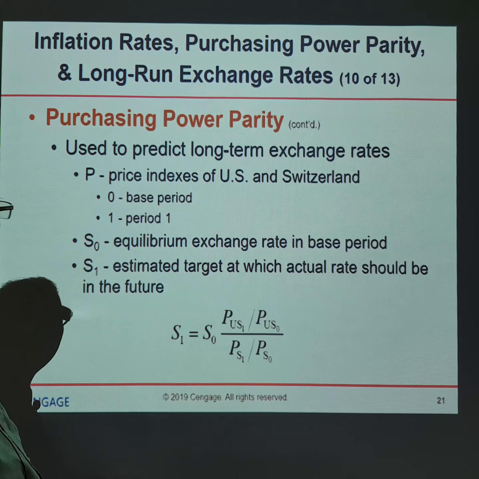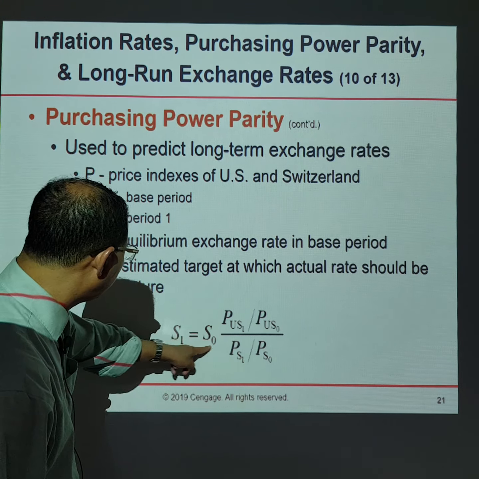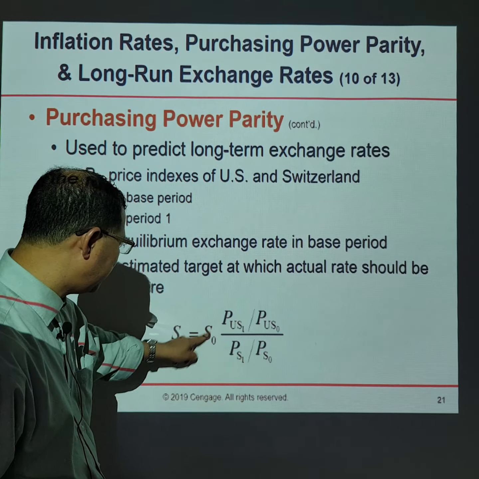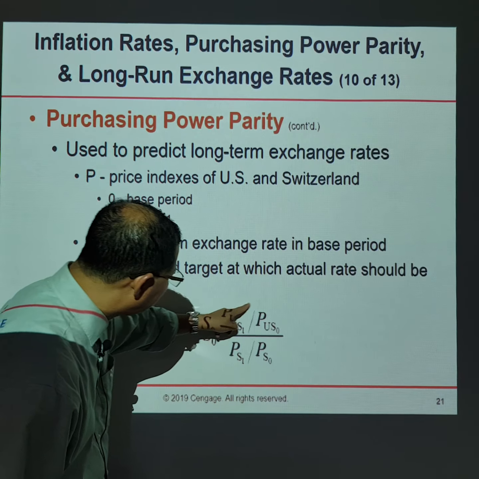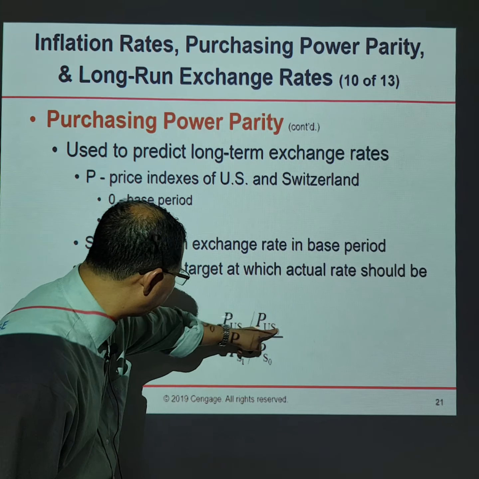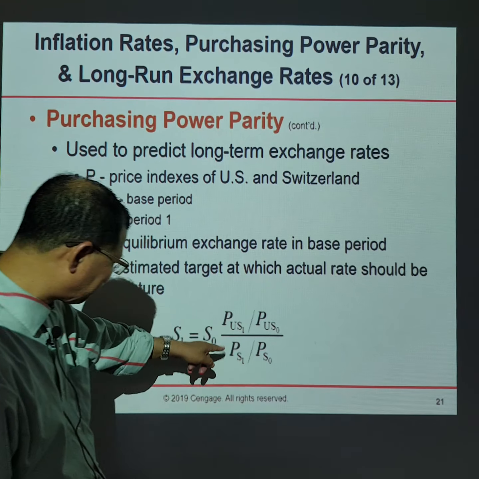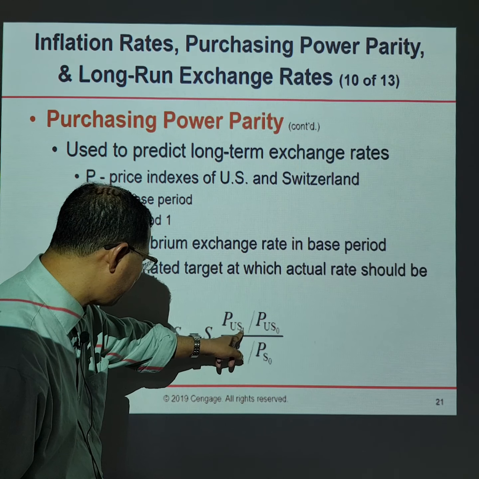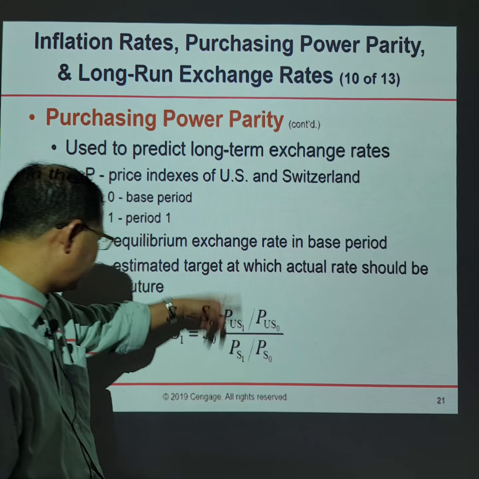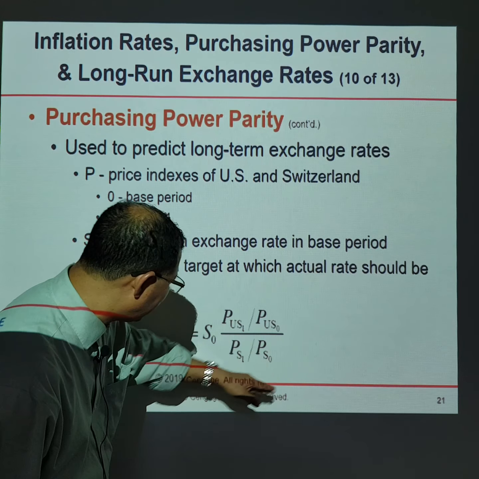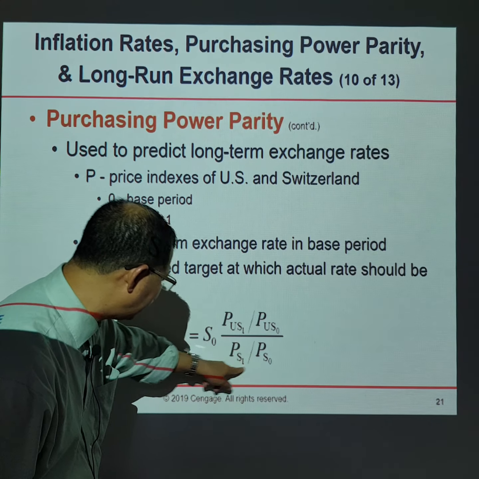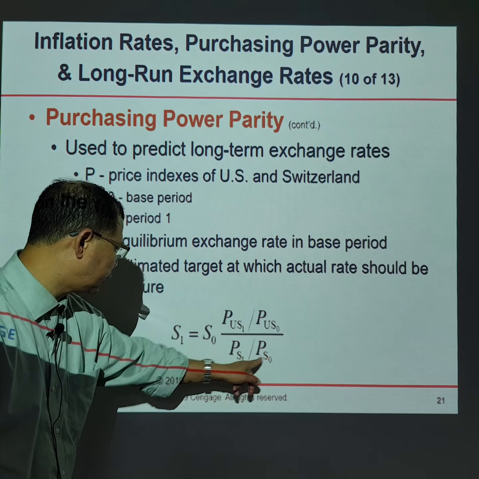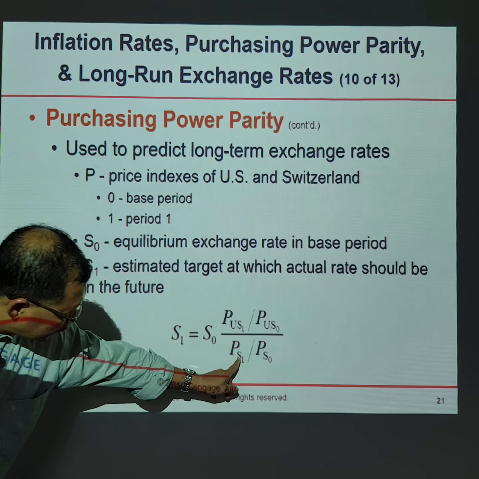It equals S0, the equilibrium exchange rate in the base period, times the ratio of the US price level in the next period over the base period compared with the foreign country's inflation. Here, Switzerland, S1 over S0.